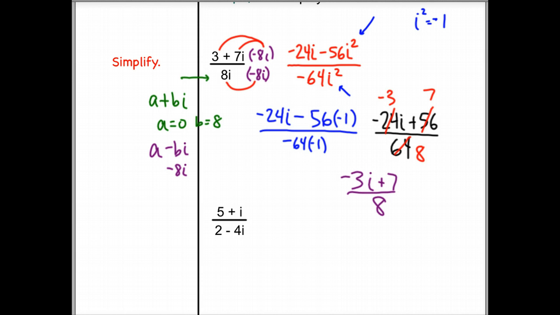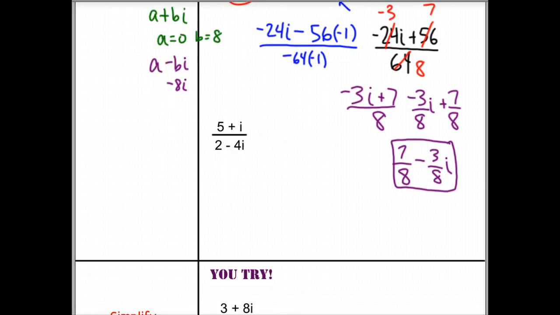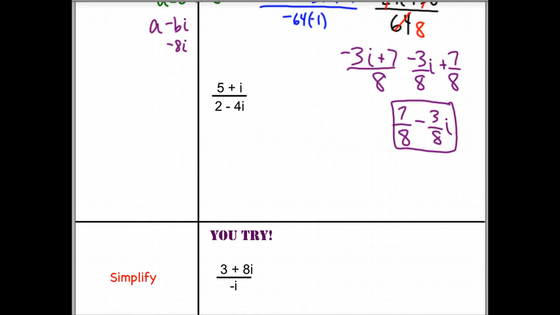And you can rewrite that if you would like as -3/8 i plus 7/8. Or you could also rewrite it as 7 over 8 minus 3 over 8i, if you choose.